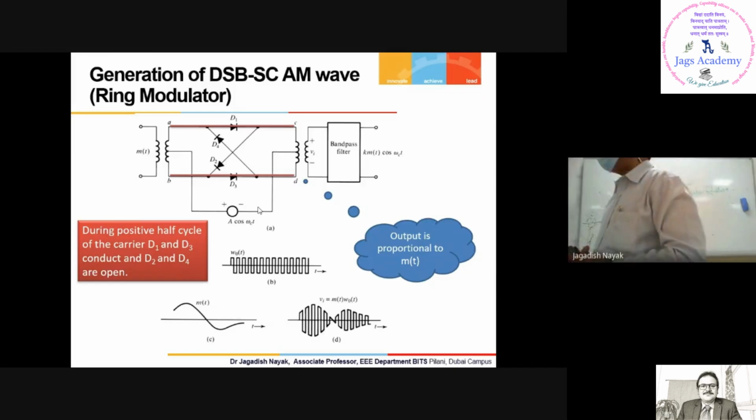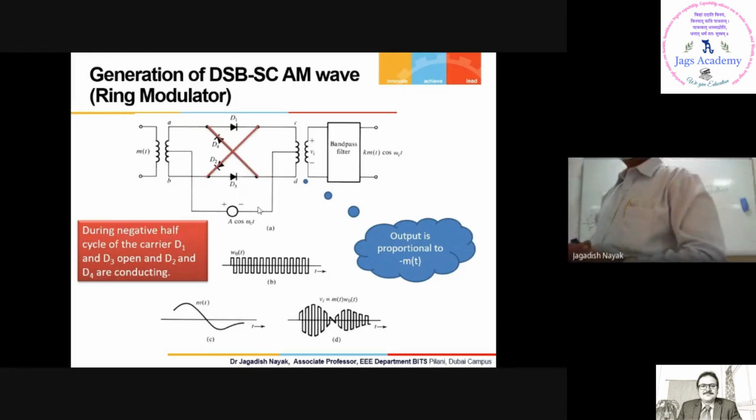Now, what will be the output? The output is proportional to M of t, yes or no? During the negative half cycle, these two are on, and the output is proportional to minus M of t.